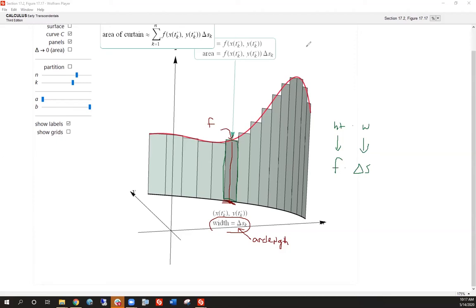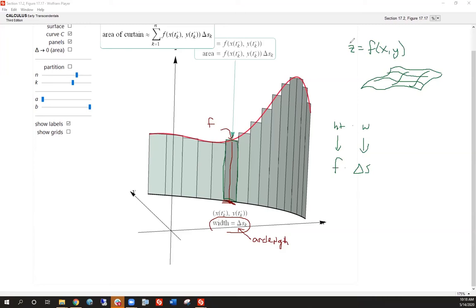Go ahead. Is our function f of x, y always on top of that arc length, or will we ever have it stretching a little bit more one way? Good question. What's a little interesting here and hard to see is that z is equal to some f of x, y, and it creates a surface, in 3 dimensions, just like we've been looking at for the last quarter and a half.